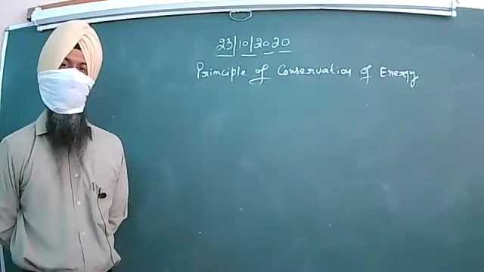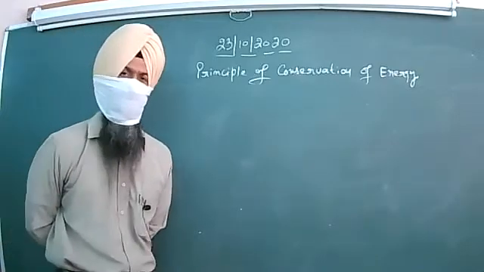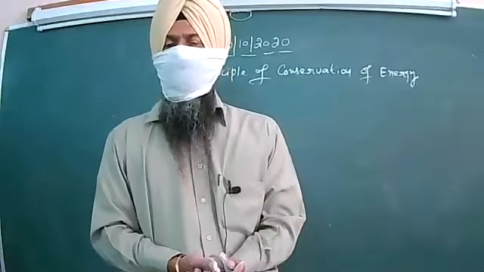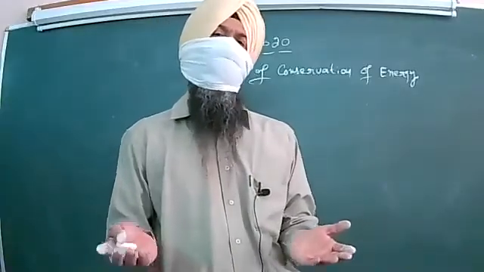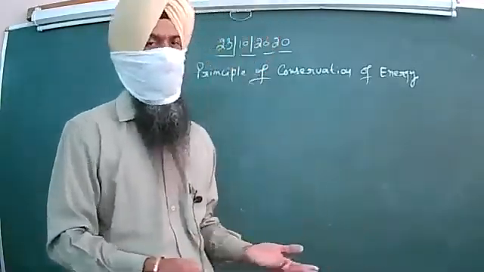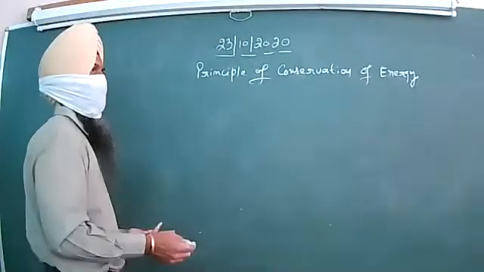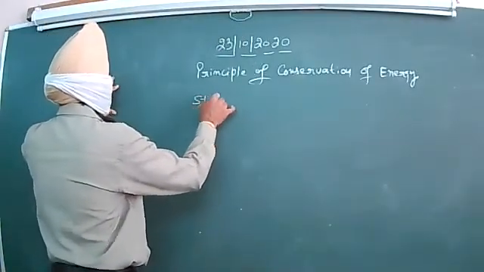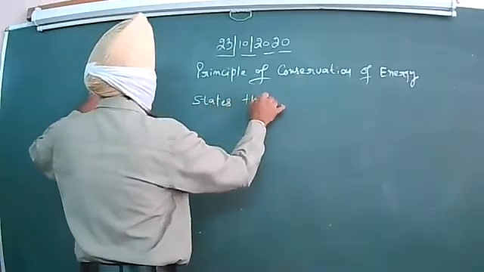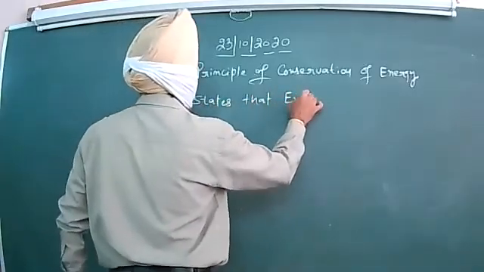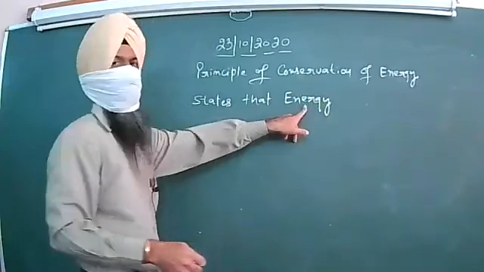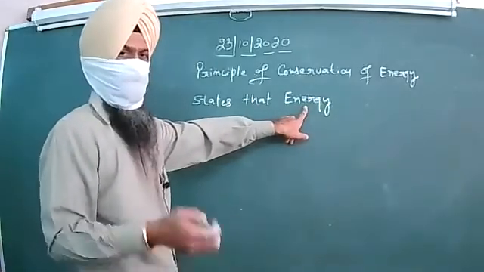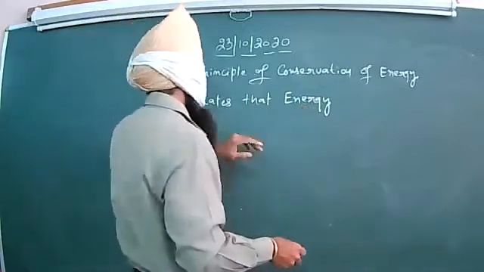Principle of conservation of energy. It states that, beta, energy can neither be created nor destroyed, but we can convert energy from one form into another form. This is the statement part. I will make you understand this also. Energy can be any, mechanical as well as potential or kinetic, both types included.